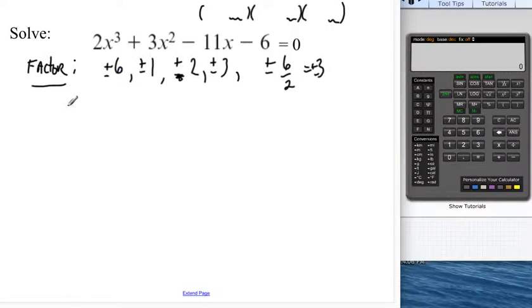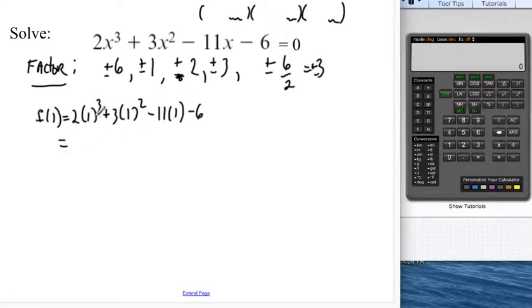So the easiest ones to check first is, let's see if 1 is a factor. If we plug in 1 here, we're all good to go. And then we want to plug in -1. If that doesn't work, we keep checking these numbers. Okay, if none of these numbers work, then it's not factorable. So let's go through with 1. If I define this polynomial to be f of x, then f at 1 would be 2 times 1 cubed plus 3 times 1 squared minus 11 times 1 minus 6.